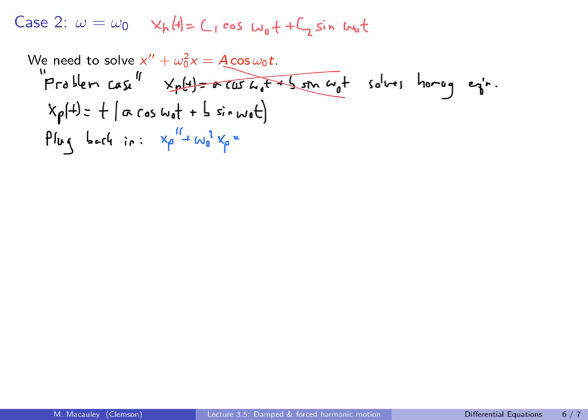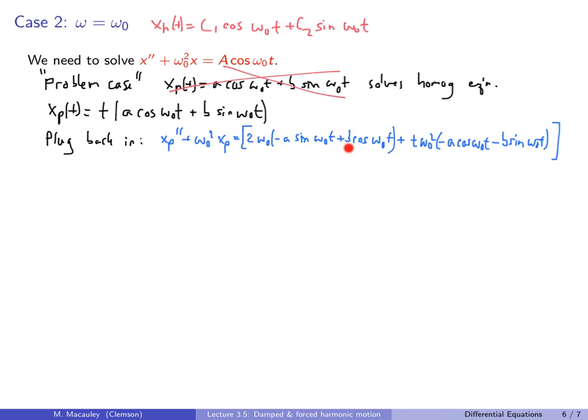It is 2 omega naught times negative a sine of omega naught t plus b cosine of omega naught t, and then it's plus t omega naught squared, I hope I can fit this in, negative a cosine of omega naught t minus b sine of omega naught t. Both of these things being negative comes from the fact that we have to take the derivative twice, and so negative signs pull out.